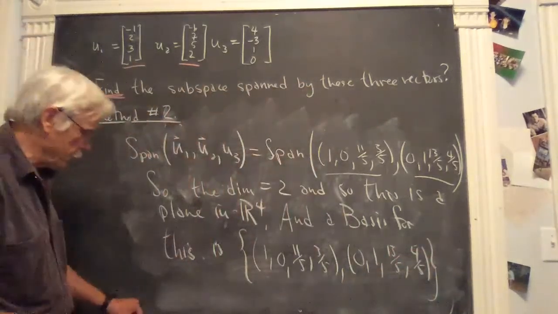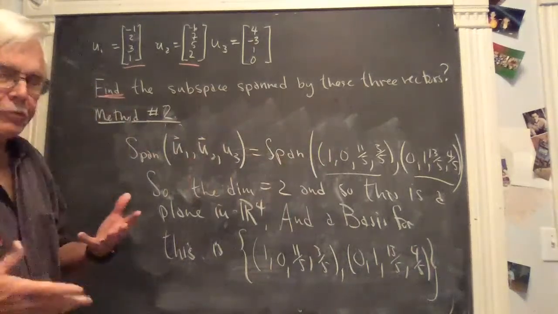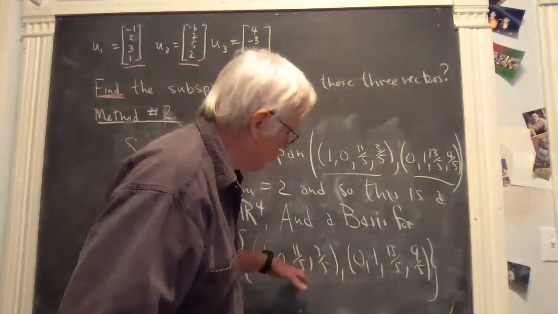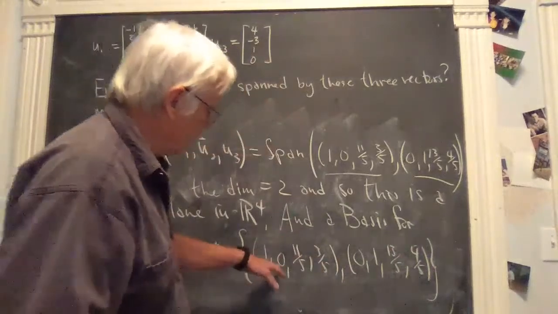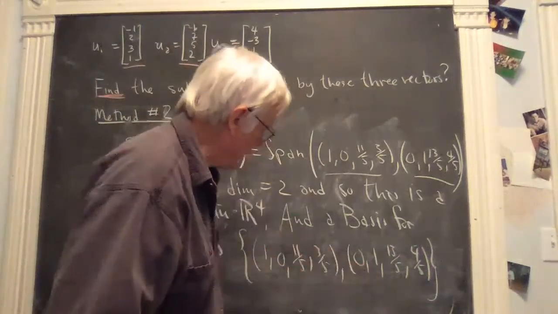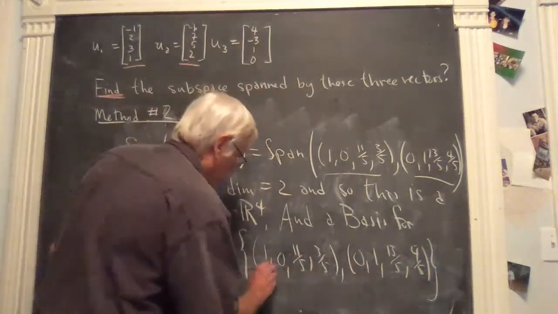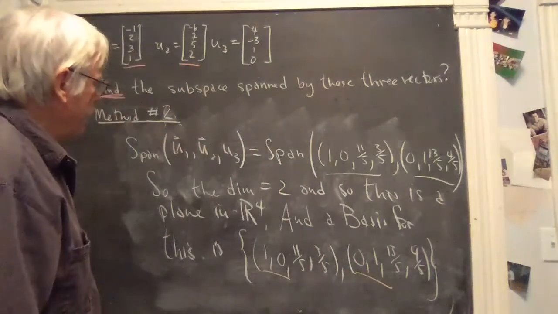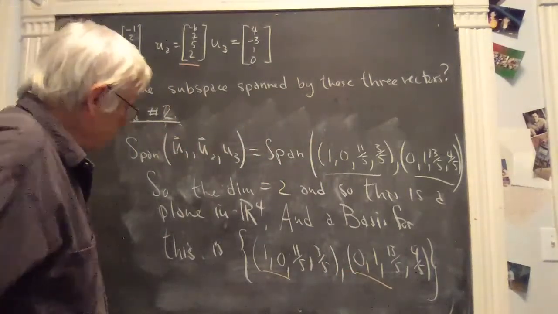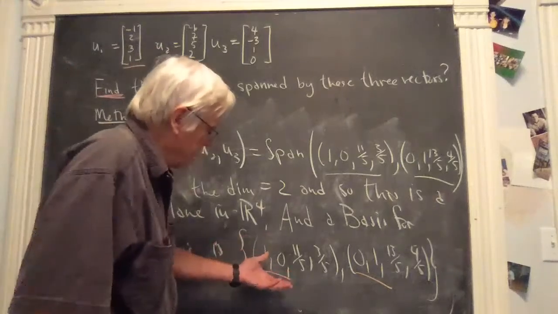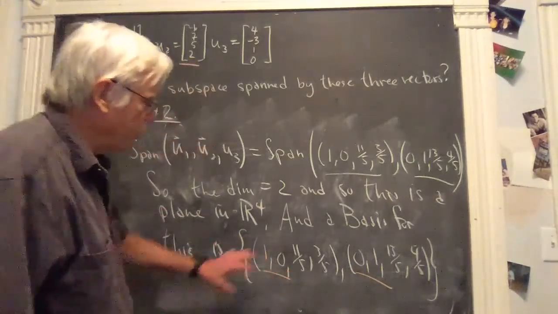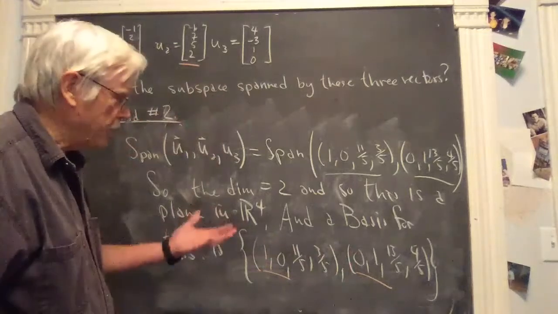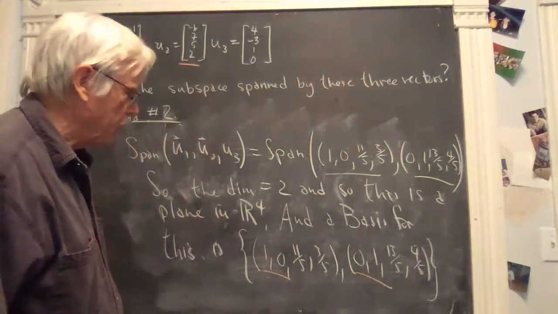So this is method 2. There is an advantage of method 2 over method 1 in that if you just see these two vectors, it is clear that these vectors are linearly independent because of this step down. So it is clear that these are linearly independent just by their positions. So in a sense, you can just view it and see that these are linearly independent.